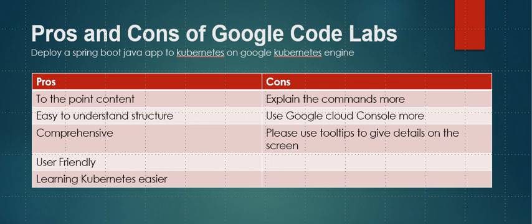The commands that they have given in the tutorial could have been explained a little more, like what the gcloud command is doing, what the kubectl get pods command is doing, things like that. I understand that would mean increasing the content, but maybe adding a few tooltips so that when you hover over it, only then you see what that command is doing. Otherwise, you don't see it.